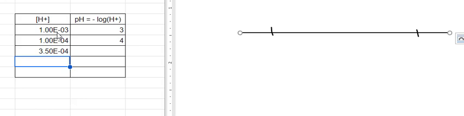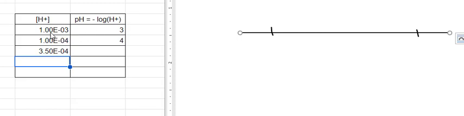Let me start off by showing you some real simple H plus concentrations, like 1 times 10 to the minus 3 and 1 times 10 to the minus 4th. And the pH for those two are simply 3 and 4. Because remember, the pH is a logarithmic value, in this case a negative logarithmic value, of the base 10.